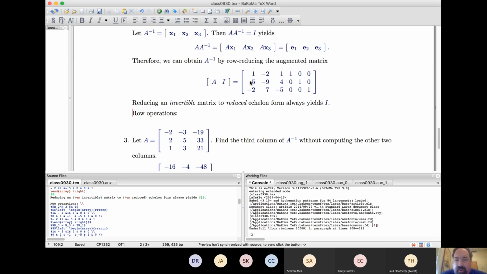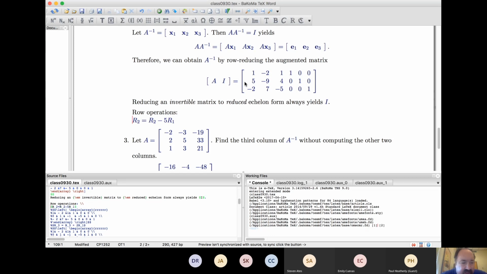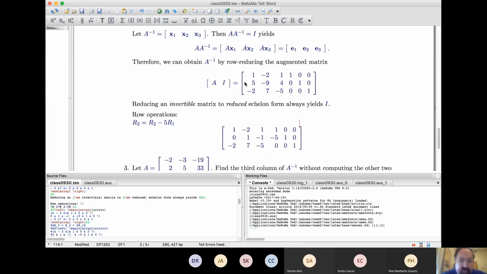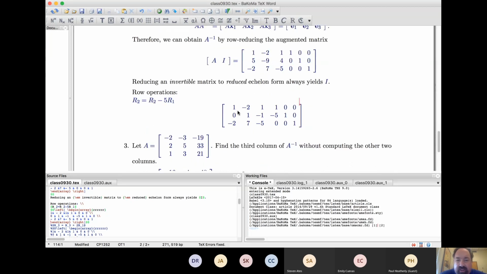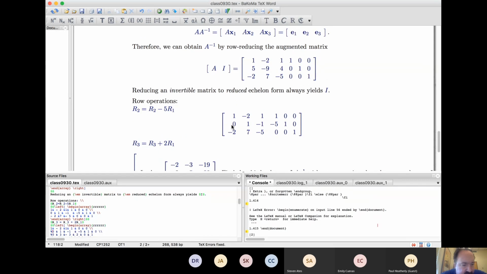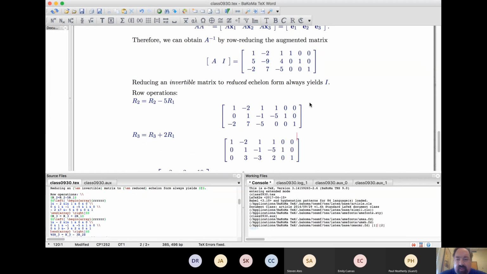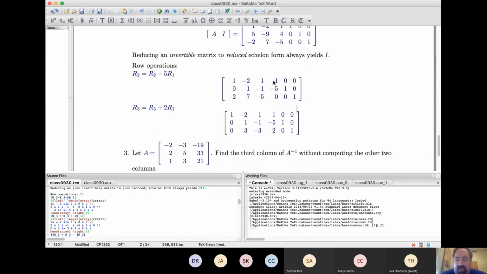So we're performing row operations based on these entries here. Like I would subtract 5 times the first row from the second. So proceeding like before, eliminating these entries below the diagonal. And then here, adding twice this row to the third row. Okay, so we start to see entries being filled in over here.